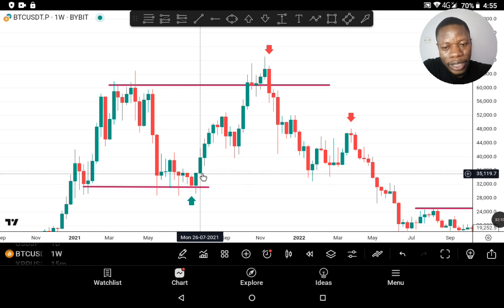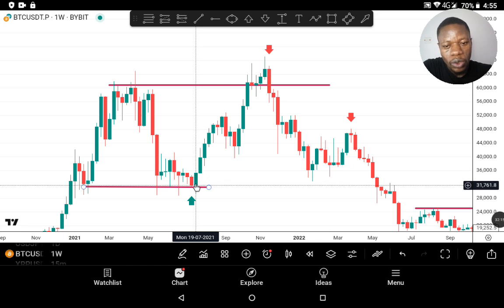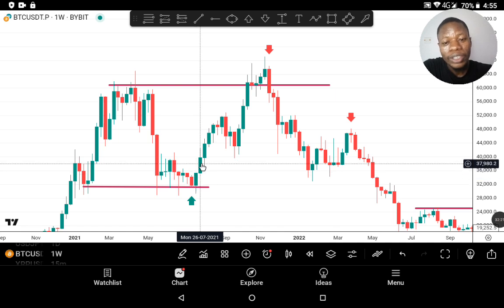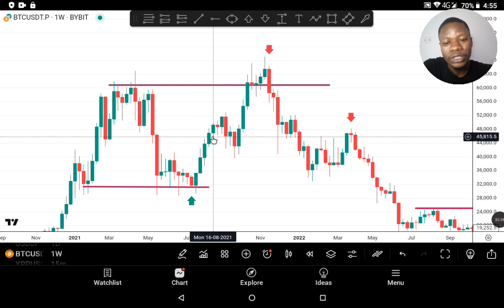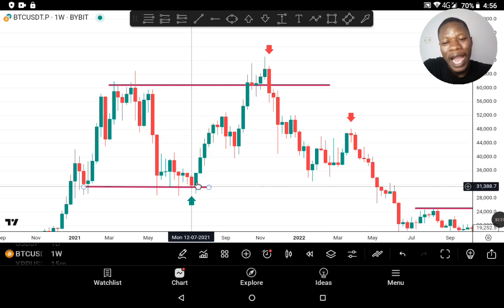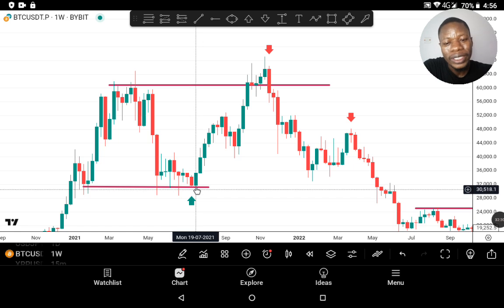This is a Marubozu. You can see that it is perfect. This is a bullish Marubozu close. And what happened? You can see that for the subsequent four to five weeks the market was buying, it was bullish, because it happened on the support level.